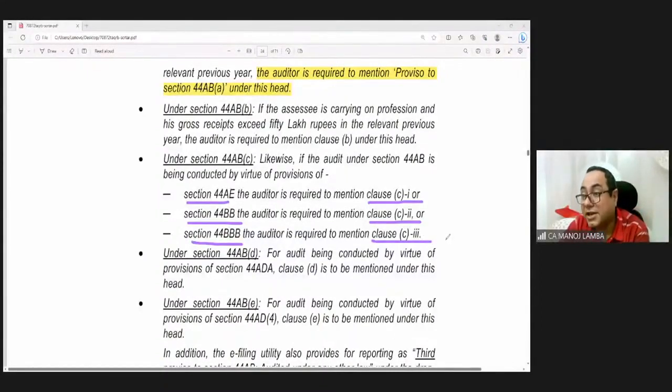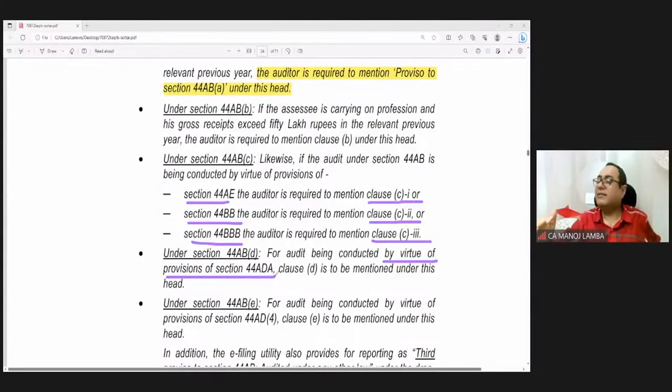Now coming to 44ABD. For an audit being conducted by virtue of section 44ADA, clause D is to be mentioned under this head. What does this mean? If the audit is conducted by virtue of the provision of section 44ADA, that means you are a specified professional, like a chartered accountant, doctor, lawyer, architect, etc., carrying on a specified profession, and you are not declaring income at the rate of 50% of your gross receipt; your actual profit is less than 50% of your gross receipt.